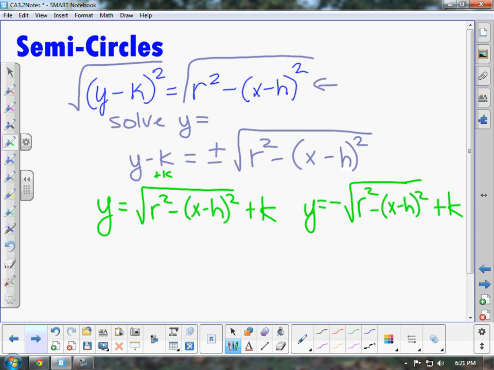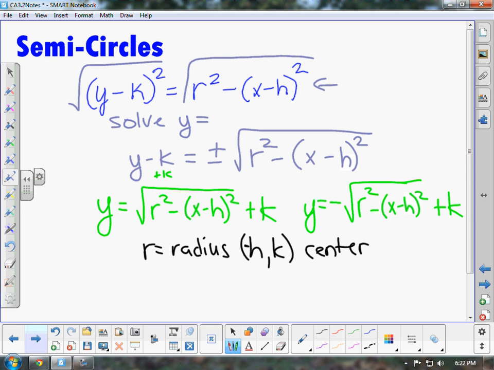Now, everything still stays the same. r is still your radius. h comma k is still the center, and in this case, it's the opposite of h, and then k is what it is.